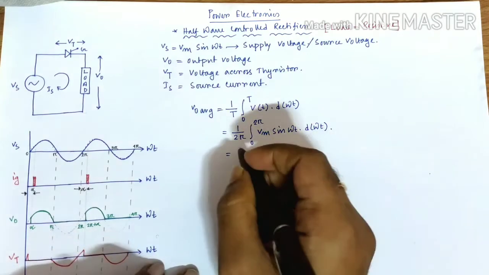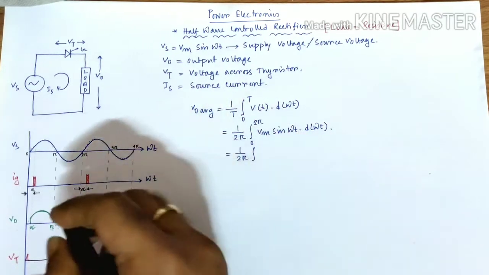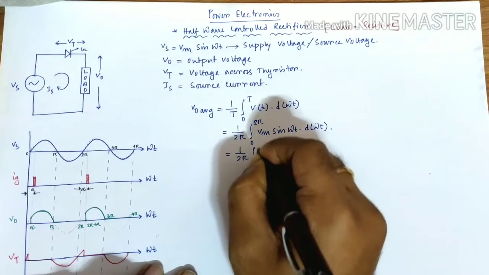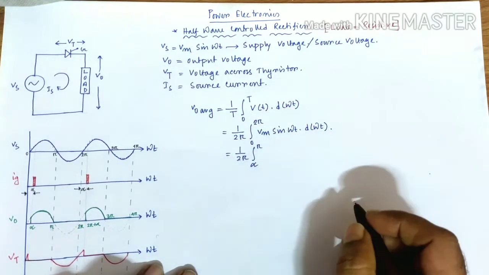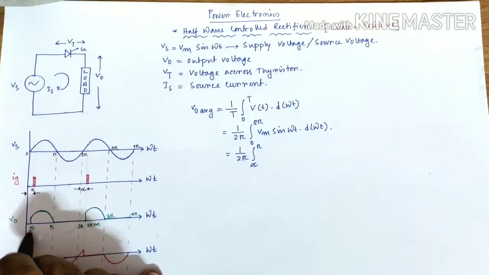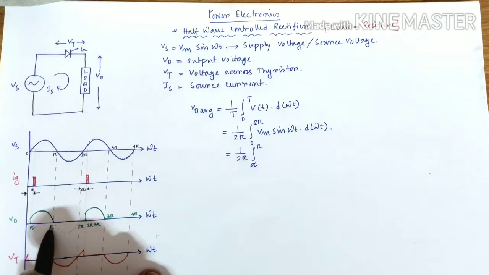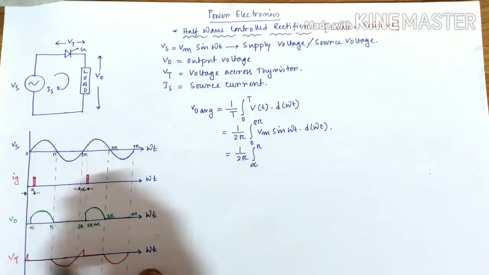So I can directly write down 1 by 2 pi, and I will get the value from alpha to pi only, because from 0 to alpha the output is 0. From alpha to pi I will get something like this. From pi to 2 pi the output is 0.